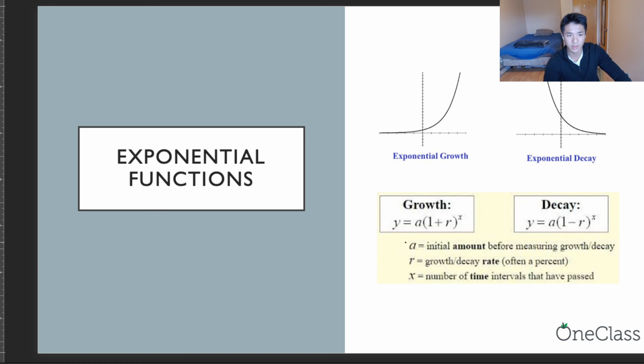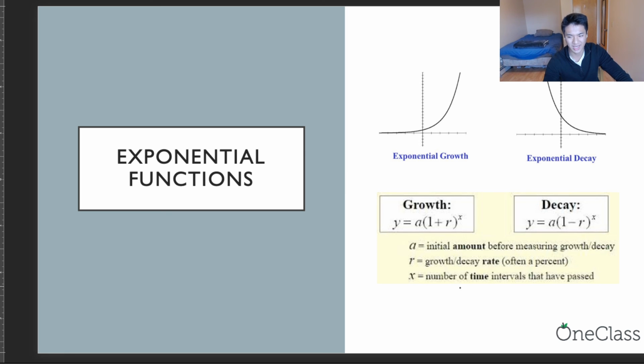What are the different variables we're dealing with? A is simply saying, what is the initial amount or the principal amount before measuring growth or decay? Basically, what are you starting with at the beginning of growth or decay? And then r is the rate at which you are either growing or decaying. You know you're growing if r is positive, and you know you're decaying if r is negative.